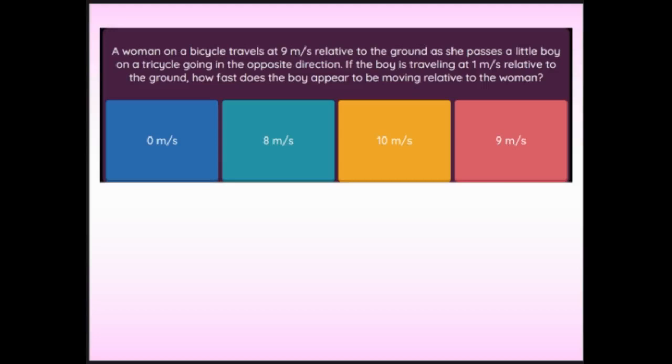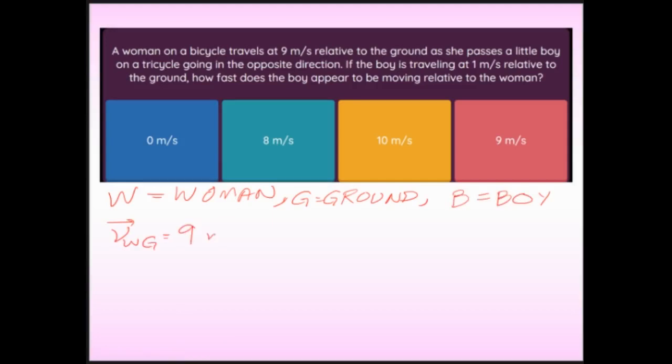All right. What subscripts do we have? We have W, we have G for ground, and who's the third one? B for boy. What's the velocity of the woman according to the ground? 9 meters per second, north also.